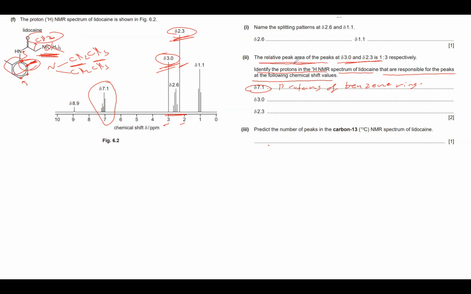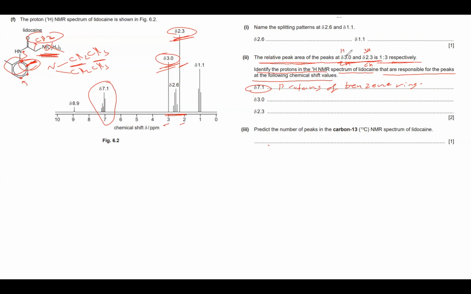The relative peak area of the peaks at 3 and 2.3 is 1 to 3 respectively. So as I told you in the beginning, when we have one H here, that means we have 3 H's here. When we have 2 H's here, we have 6 H's here. I hope, guys, now it's clear for you.